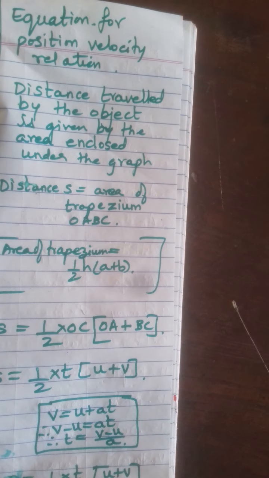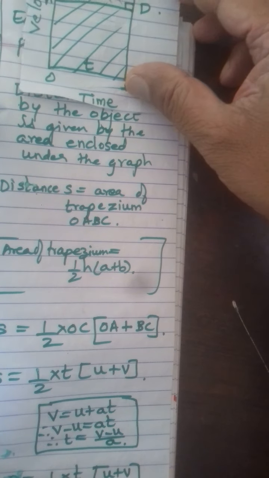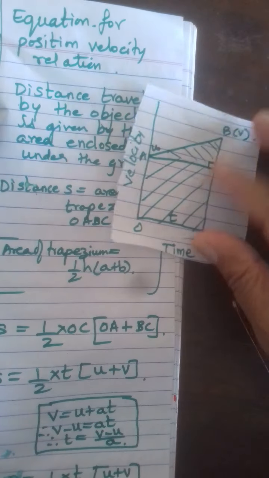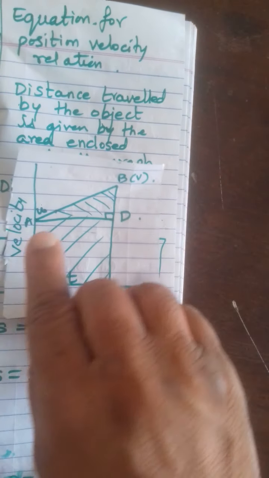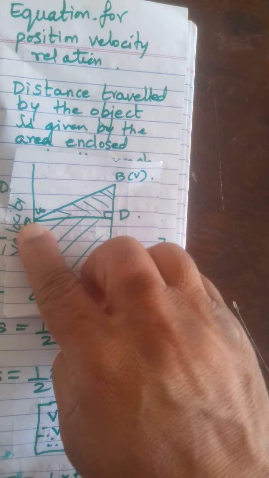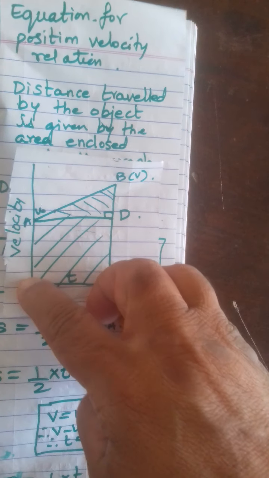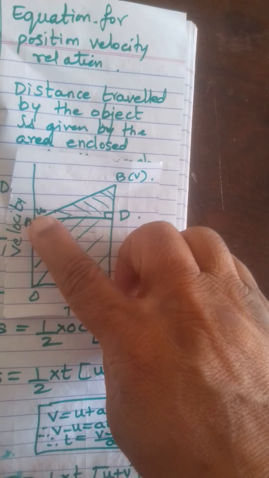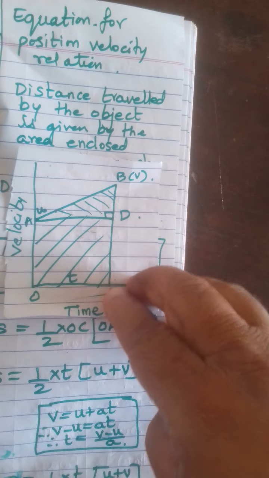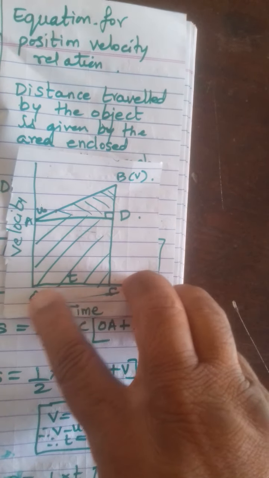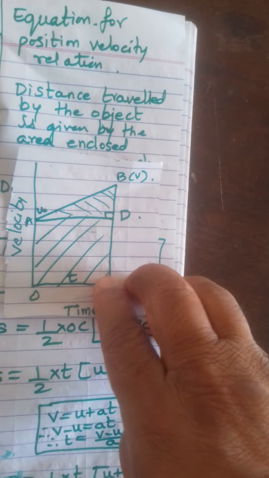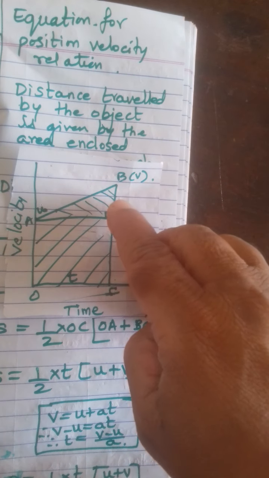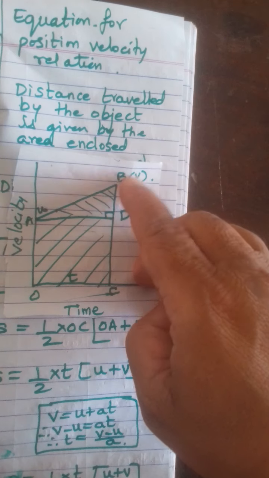Here we consider an object moving with initial velocity u represented by OA, with uniform acceleration, so it is a straight line, and in a time interval of t seconds represented by OC, its velocity becomes v.